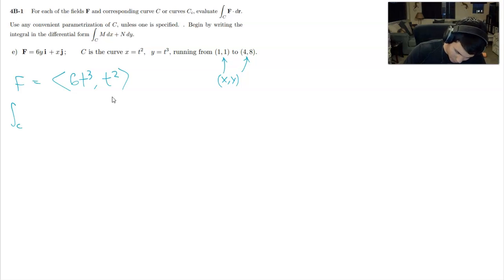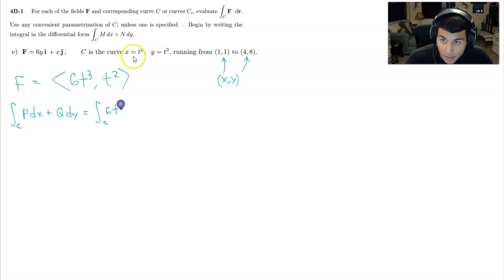Well, remember, we always write this as 6y. Let me go even one more step back. It's usually in the form P dx + Q dy, which in our case is going to be what? It's going to be 6t cubed, and dx is going to be 2t dt.